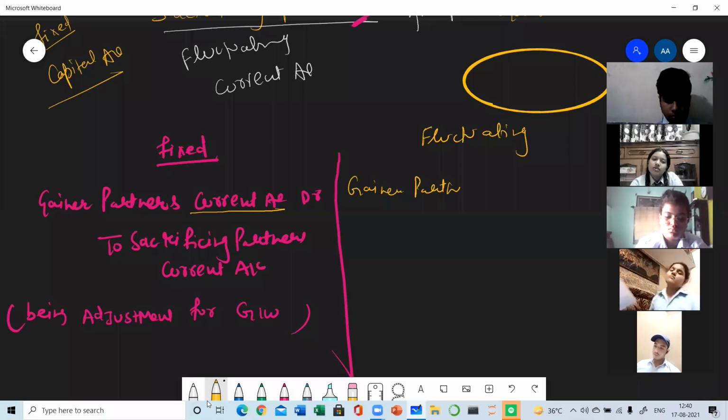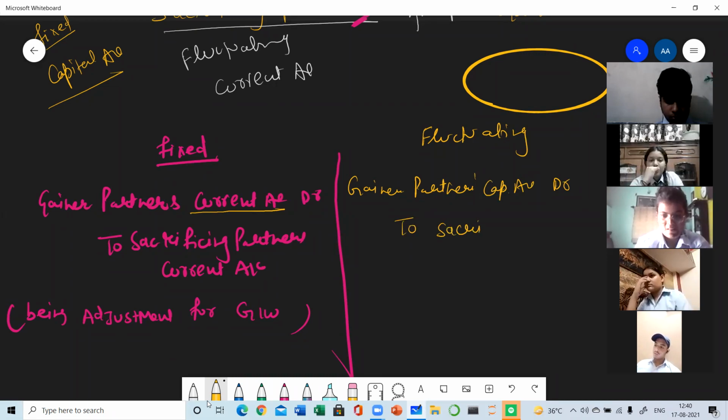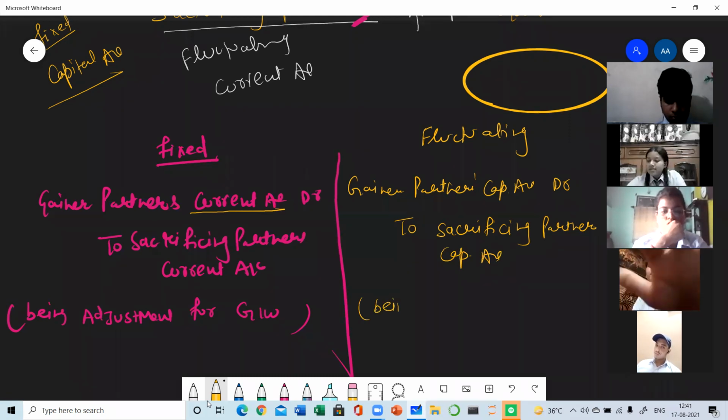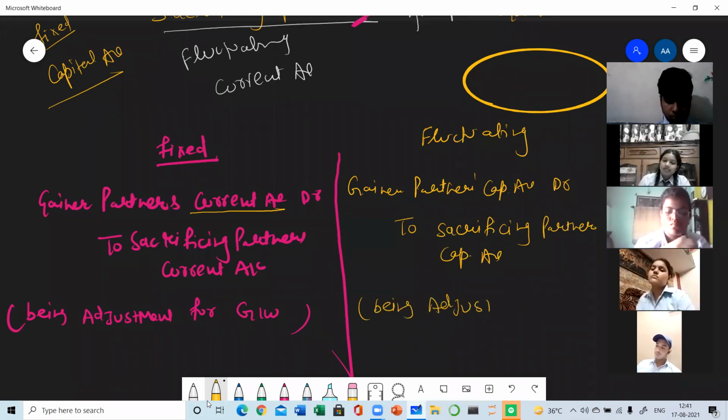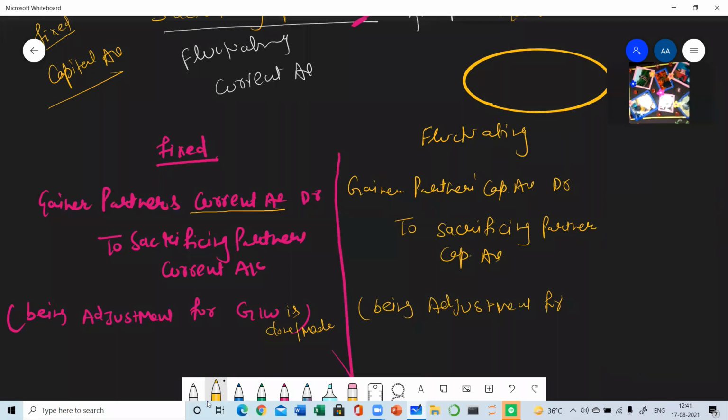So: gainer partners' capital account debit to sacrificing partners' capital account, and the narration remains the same, being adjustment for goodwill is made.